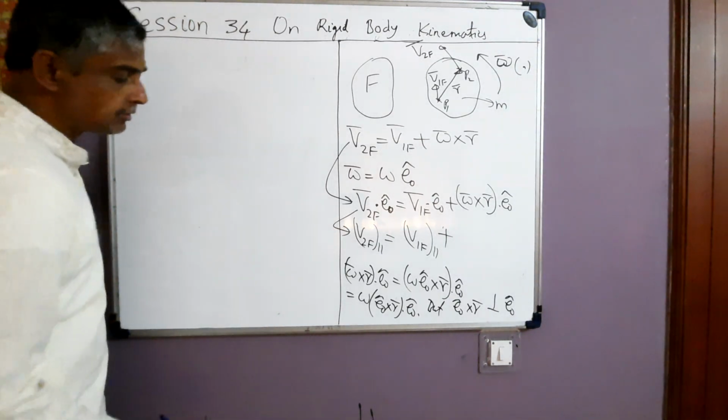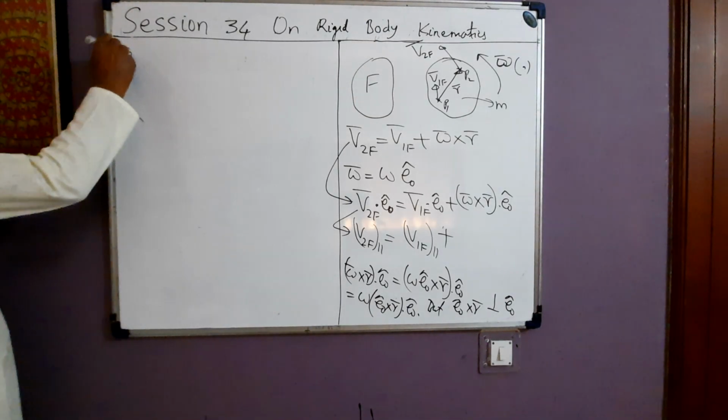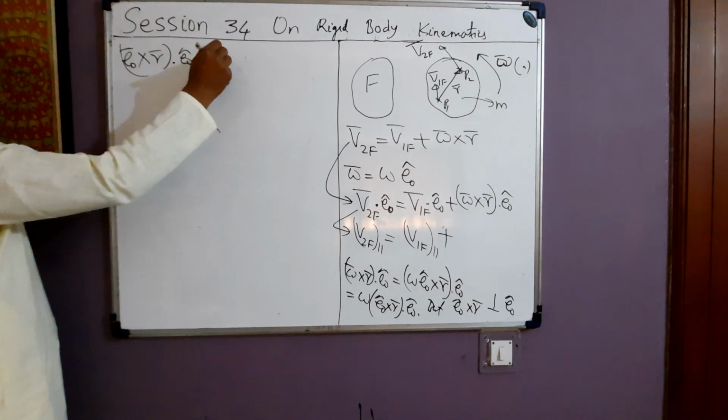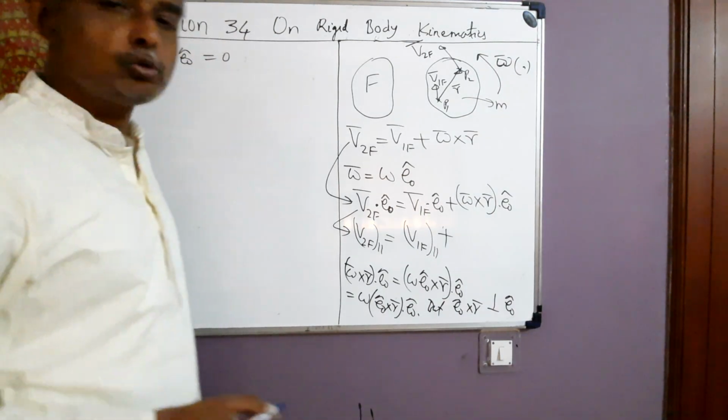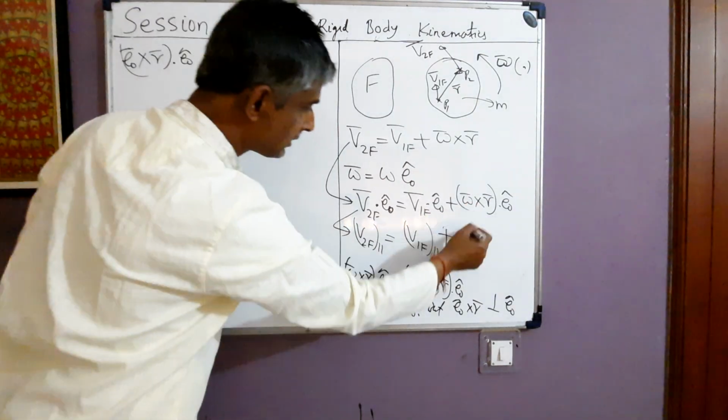And we also know that the dot product of two mutually perpendicular vectors is 0. So E naught cross R dot E naught hat is 0 by the property of the dot product of two perpendicular vectors. So this term goes away. So this term becomes 0 here.